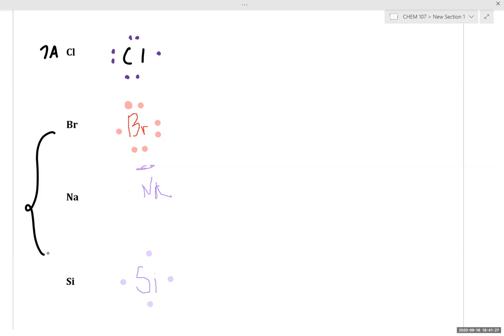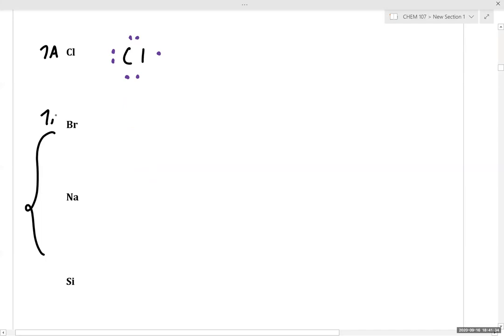They all look great. So let's just clear it so I can provide the instructor solution so it shows up on our note set. So bromine is a 7A element. So bromine would have 7 valence electrons, 7 dots. Sodium is a 1A element. So sodium would have 1 dot.